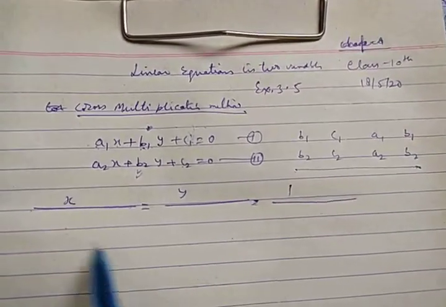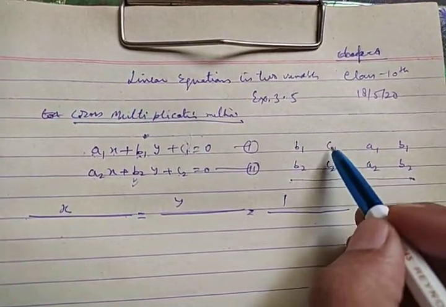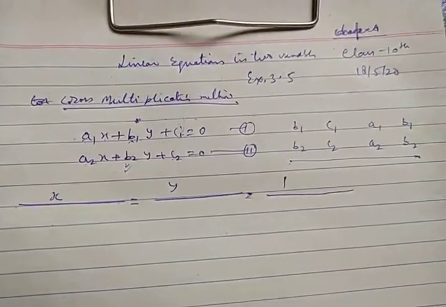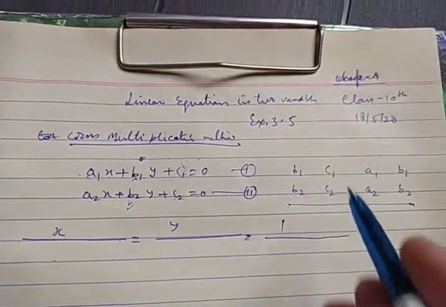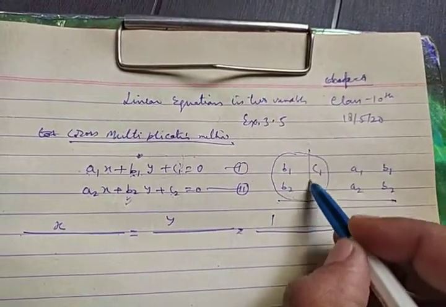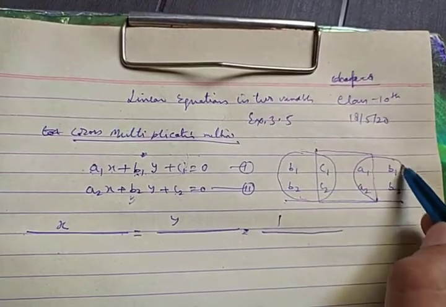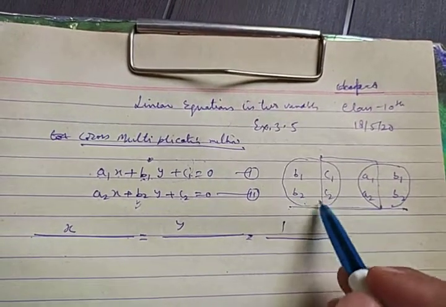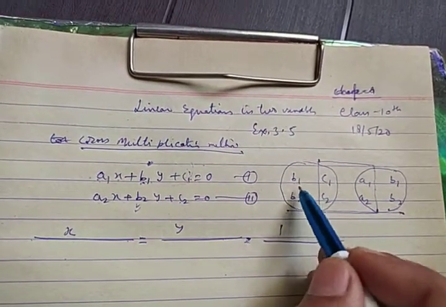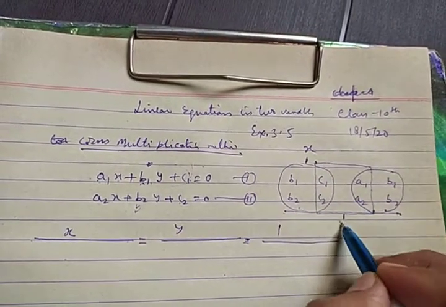Now what is to be done? You are having a pair of 2 like this. Pair of 2 means set of these and set of next and set of this. You are having a pair of two numbers. First will be regarding x, second would be regarding y.